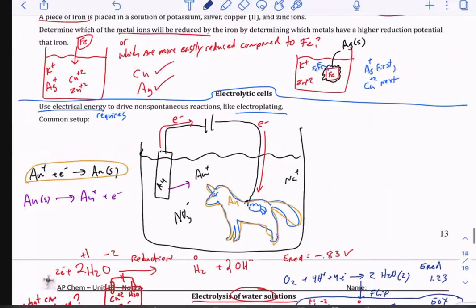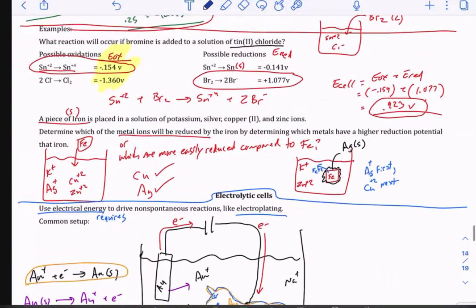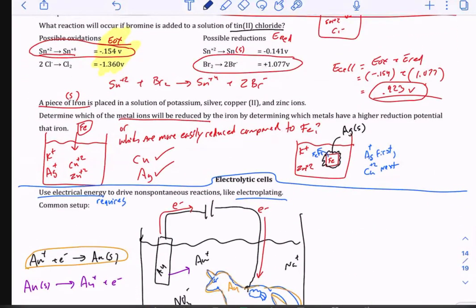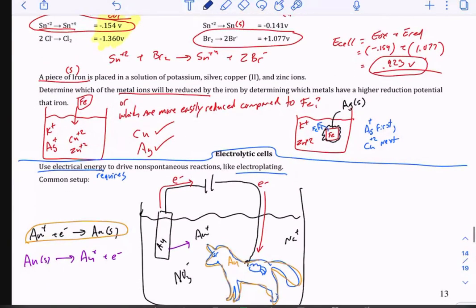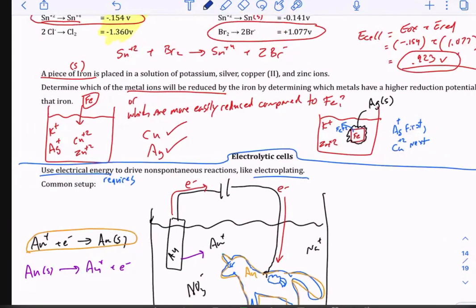All right, so in an electrolytic, wait, is that where we started? No, we started here. In order to figure out what reaction will happen, you have to look at all the possible oxidations and all the possible reductions. The highest value for the oxidation and the highest value for the reduction determines what can happen. In the case of a spontaneous reaction, we can tell because it has positive voltage, right? If you're just mixing some solids in with ions, you should be able to figure out what is reduced and what isn't based on its position on a reduction table.